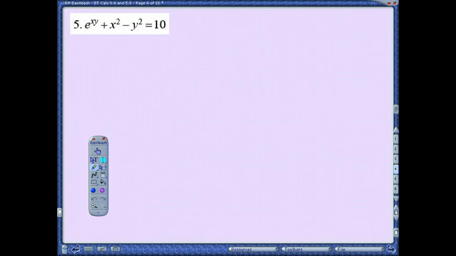Now, number 5 is a little healthier, shall we say. We've got an implicit equation, so we will have to do implicit differentiation, and watch your parentheses. Some of you act like you're being charged for them. Use them freely, please.